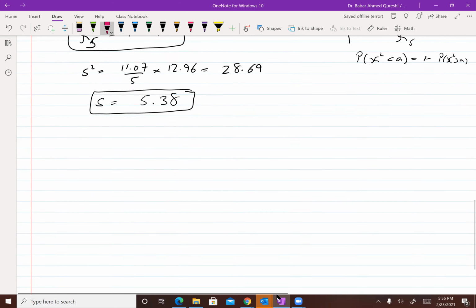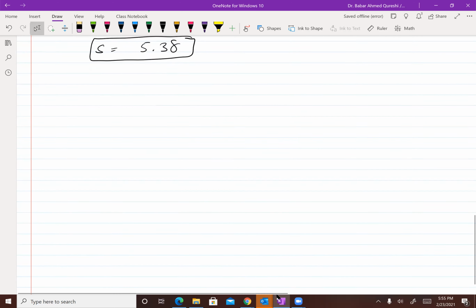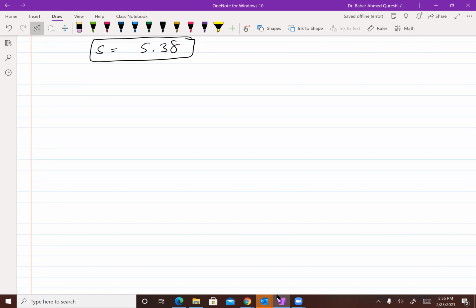Let's collect some examples of what kind of situations we generally encounter, what kind of population characteristics we are usually interested in, and what we can do on the samples to estimate those one by one.